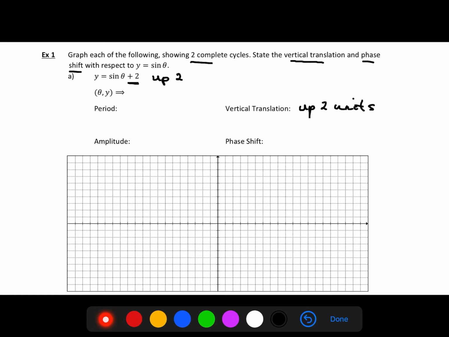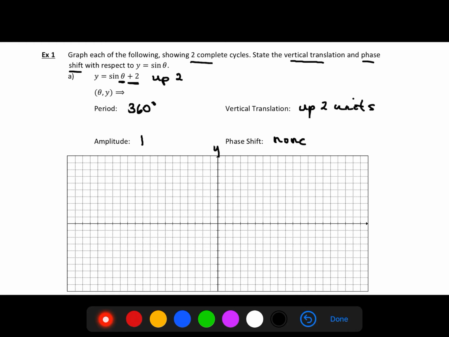We notice that there is no shift left or right for this function. Note that in this case, the period is still going to be 360 degrees. Nothing has changed as far as a stretch or a compression to either the amplitude or the period.